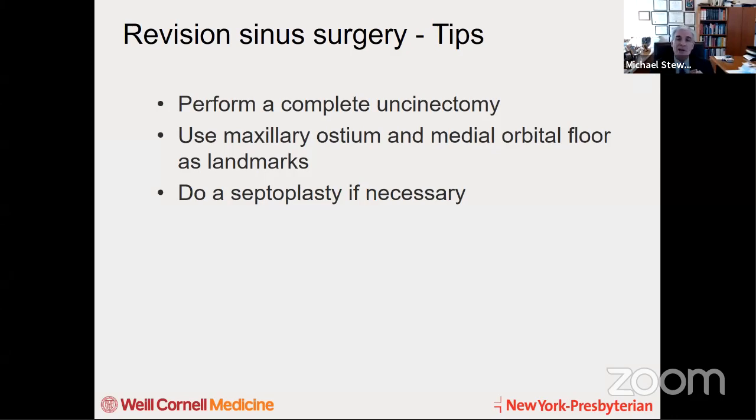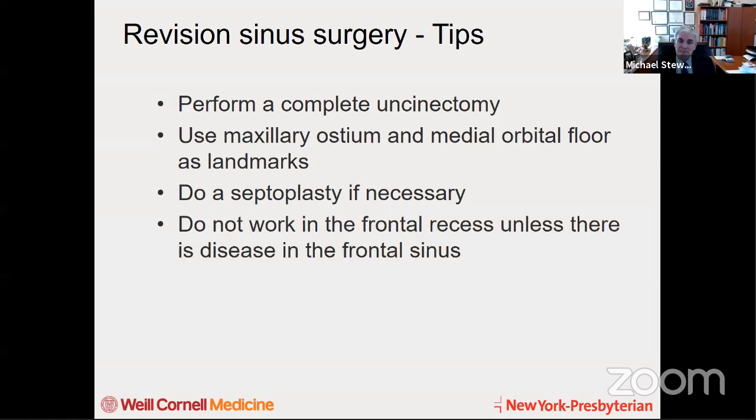So I have a low threshold for doing a septoplasty initially or doing a septoplasty in a revision surgery. If the patient has failed and it looks like the septum is okay, but not perfect, I will go ahead and do the septum with a revision surgery, because there's actually evidence that patients who have a septoplasty will do better. So I would not be shy about doing that.